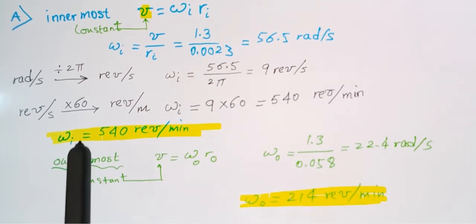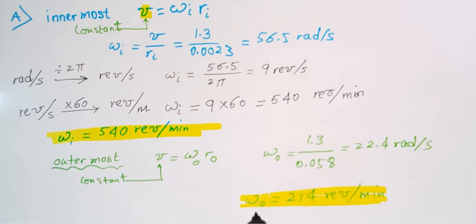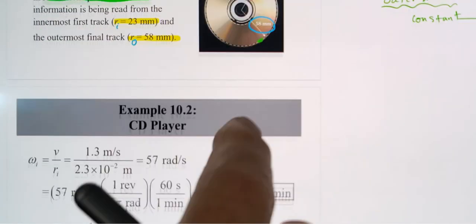And it's clear that when the CD is reading the information on the outermost of the CD, the angular speed has to go down. So as a result, do we have angular acceleration? Of course, because the angular speed changes from the innermost to the outermost. So we have angular acceleration.